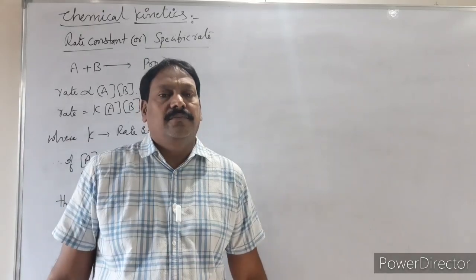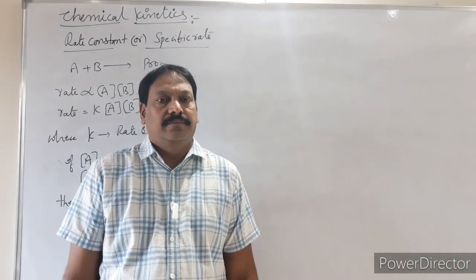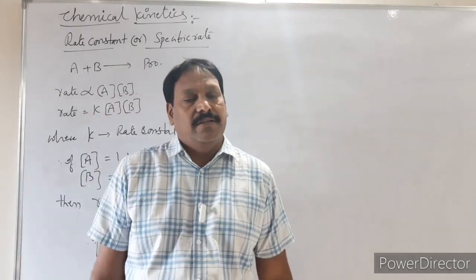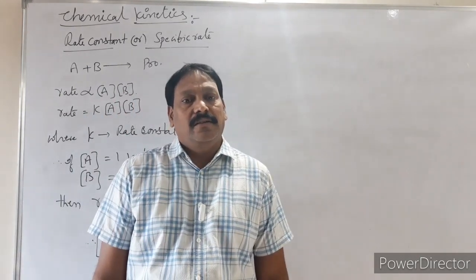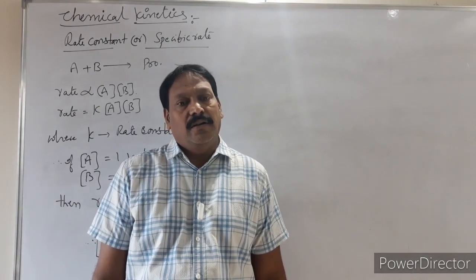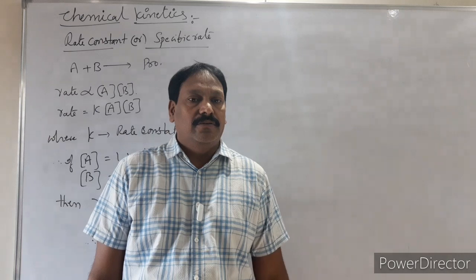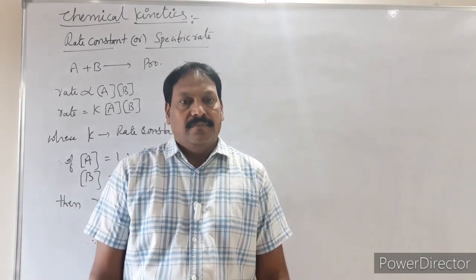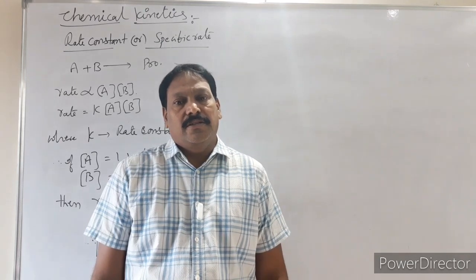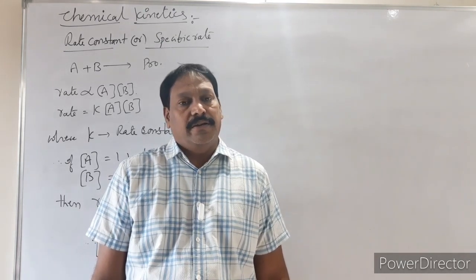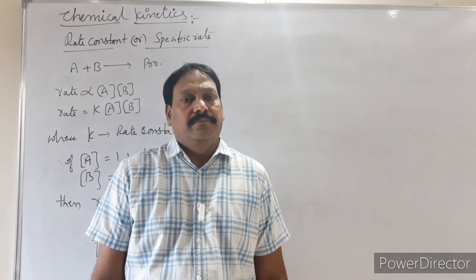The characteristics of rate constant. Rate constant is a direct measure of rate of reaction. Larger the rate constant value, faster is the reaction, and smaller the rate constant value, slower is the reaction. Rate constant is independent of initial concentration of reactant for a given reaction.